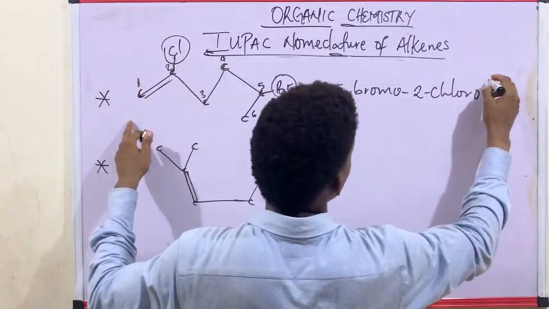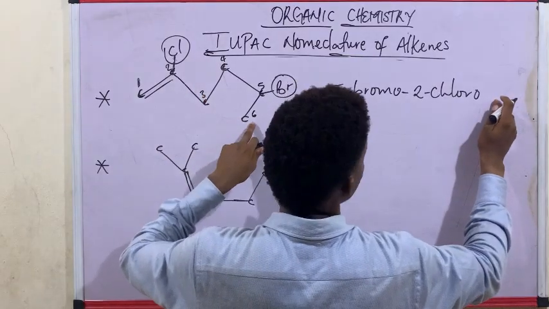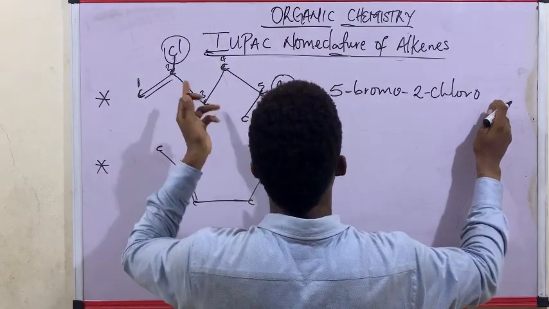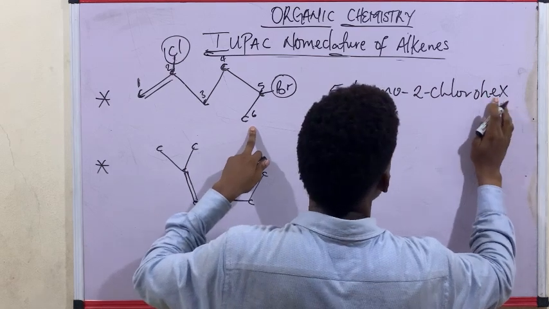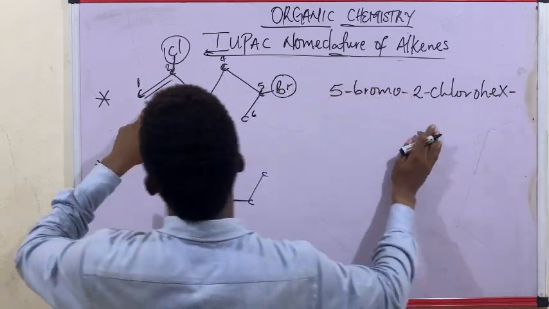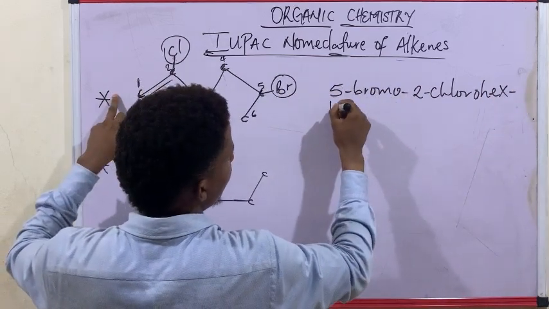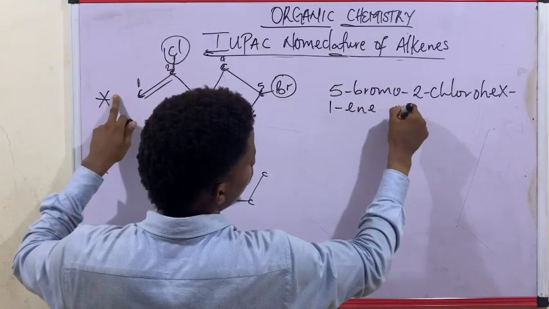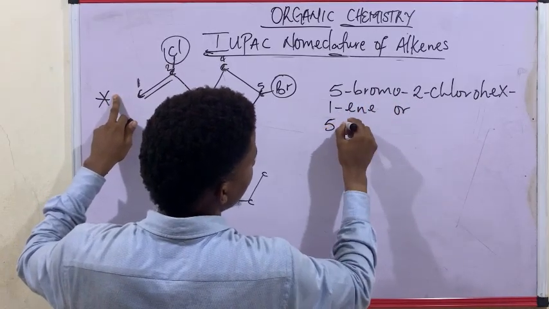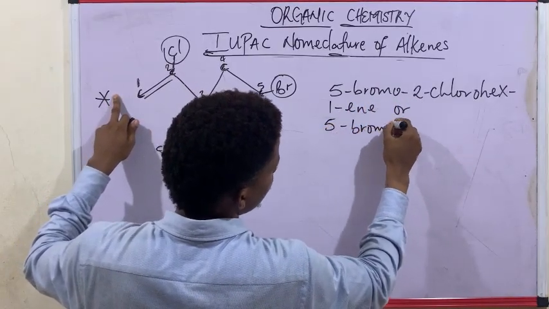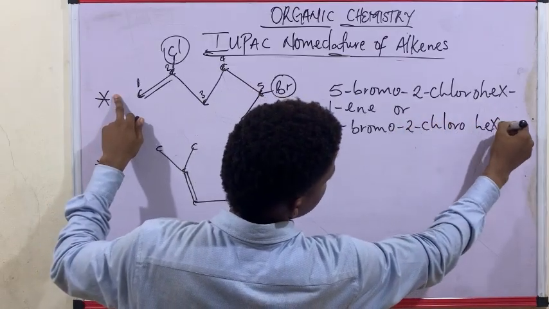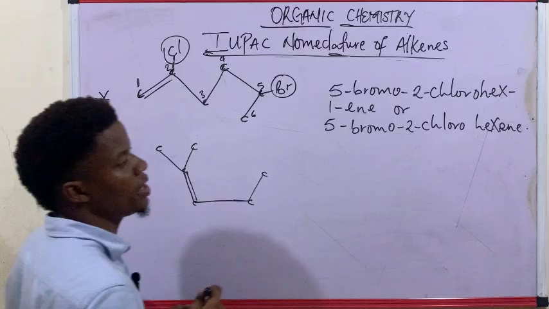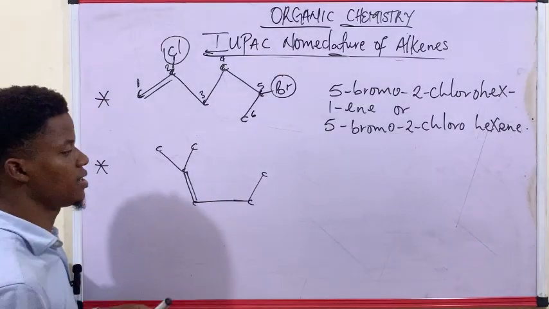Remember the parent chain is hexene, that's 6 carbons. Because the double bond is at carbon 1, we say hex-1-ene, or we can write it as 5-bromo-2-chlorohexene. Hex-1-ene is still the same thing as hexene.